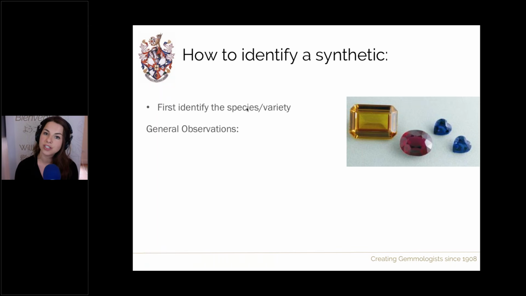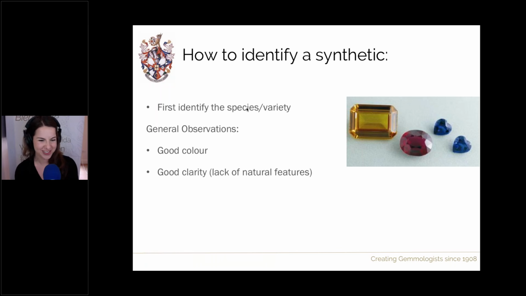Some general observations that you'll notice when you see a synthetic will be that the stone often has good, consistent colour, often a very desirable colour, kind of the best of the best. You'll also notice that the stone in general is loupe clean, so it can have very good clarity, and you'll probably notice a lack of natural features in there as well. These are typically very well cut.